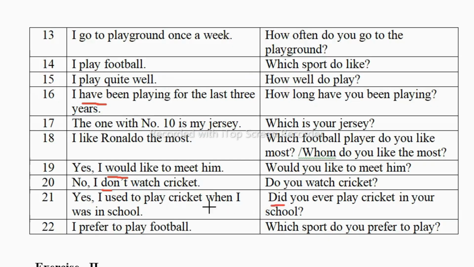Here they did not give you any verb to make the question, but by reading this we can understand this sentence is in the past. So you have to use did here. And in I prefer to play football, it's a present tense, so you have to use do here. Which sport, why are we using which? Because we are talking about sports. And do you prefer to play?